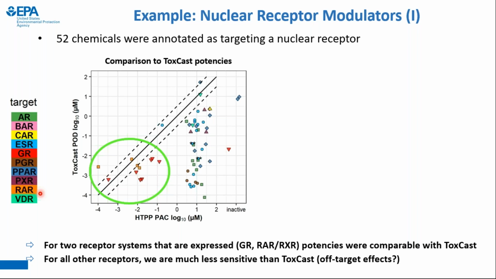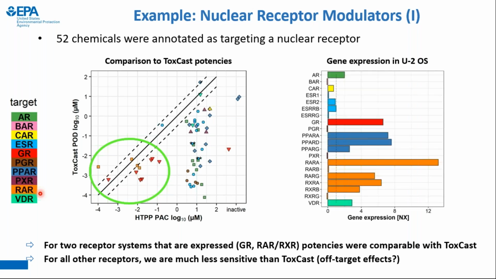So we thought maybe this has something to do with the genes that are expressed, because if a target is not expressed, obviously the chemical cannot act via that receptor. So we looked at some gene expression data for the U2OS cells, and we could confirm that. The two receptors for which we did good predictions were expressed in U2OS cells. But for example, estrogen receptors are not expressed in U2OS cells, and so we did a really bad job at predicting those ones. And that's not surprising if the receptor is not present.